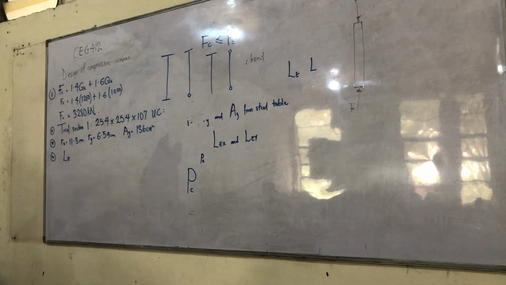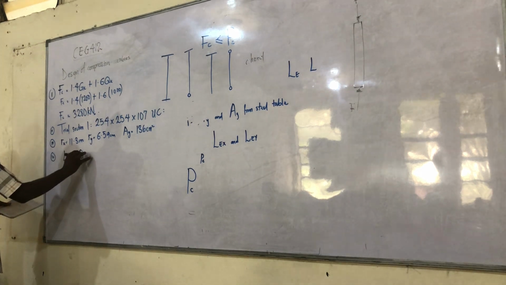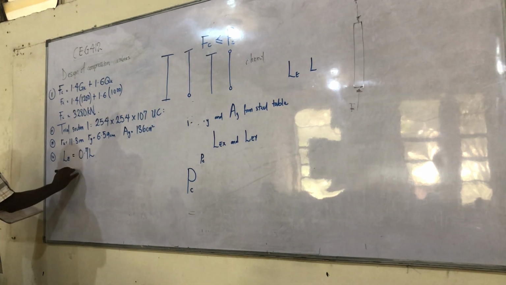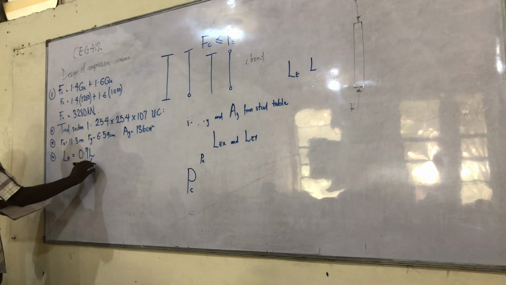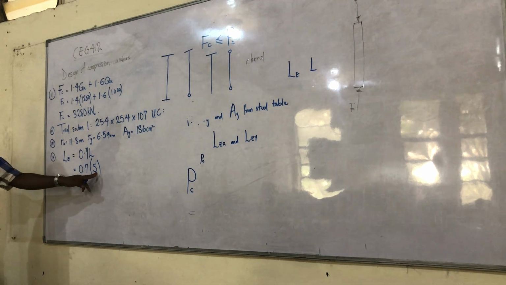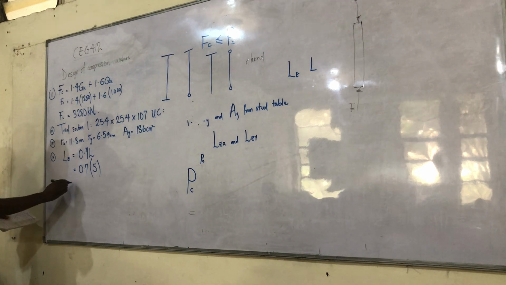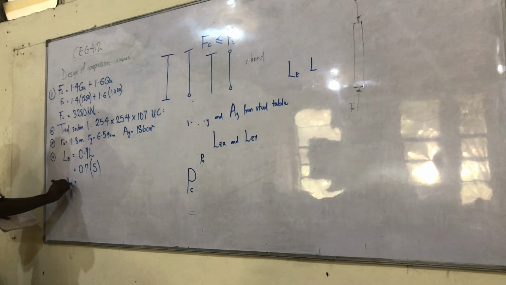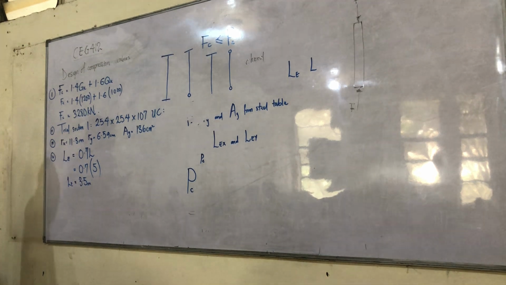Are you with me? So that's 0.7 times L. What's our L? If you are calling it 5, what will be the unit? Meter. So 0.7 times 5 will give you 3.5 meters. Good.